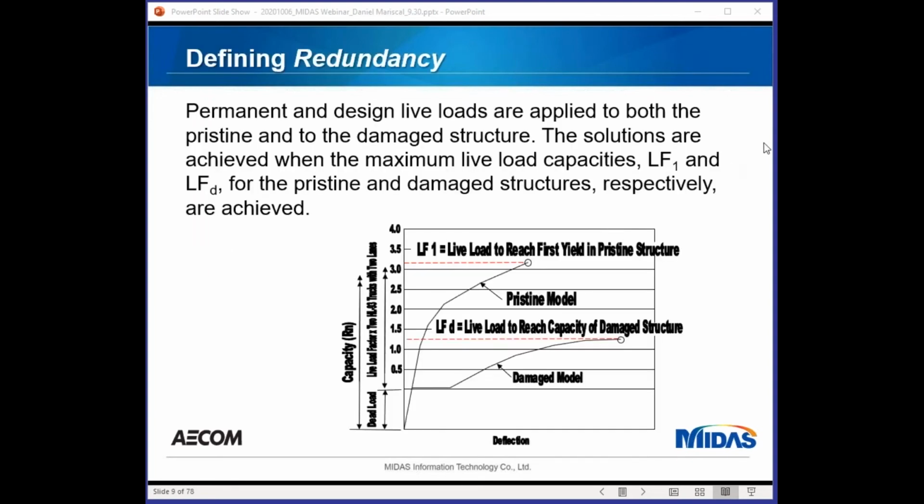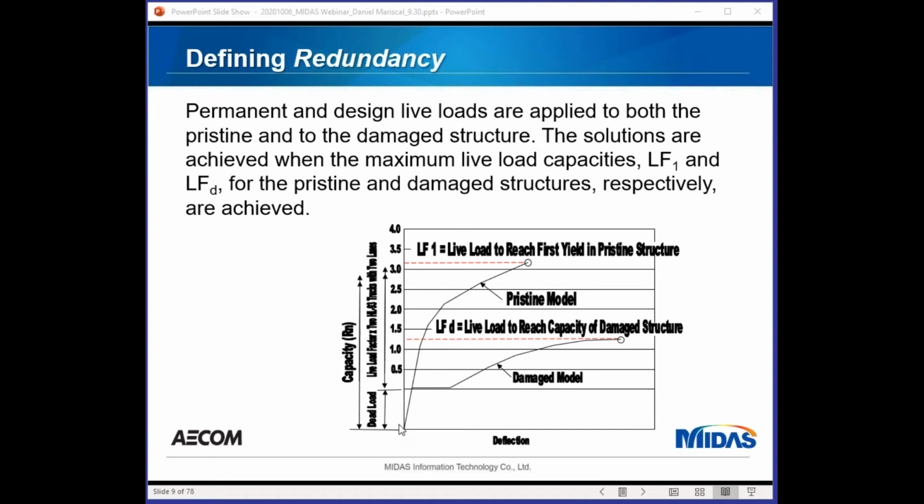And how do we define redundancy? This is a graph that shows two models. There's what's called a pristine model, which is the top one, and we can load the structure. This is load versus capacity.